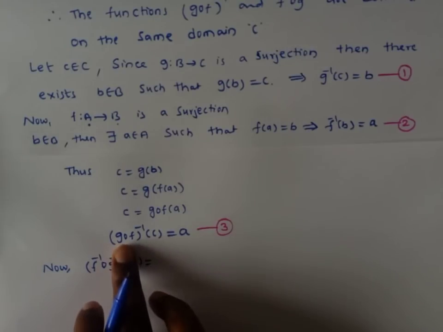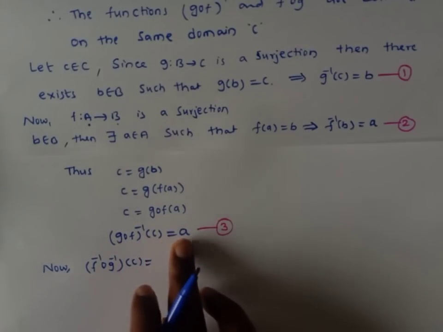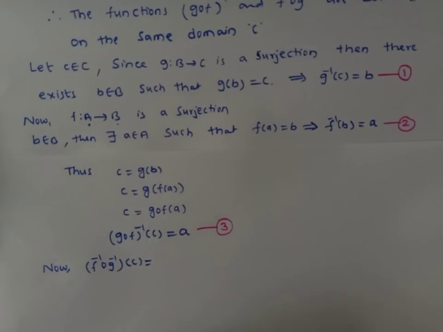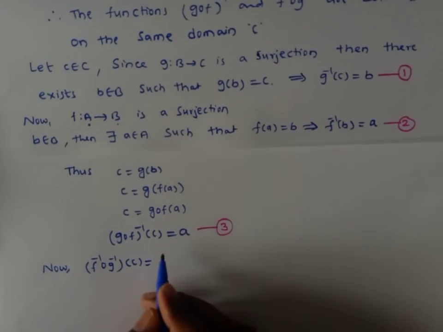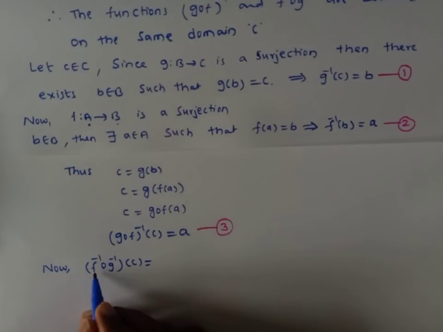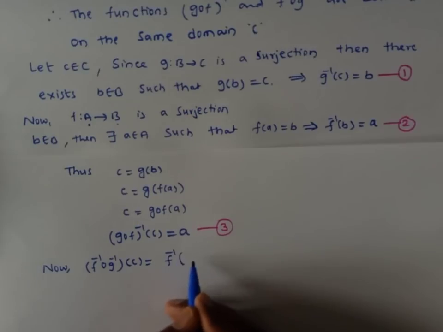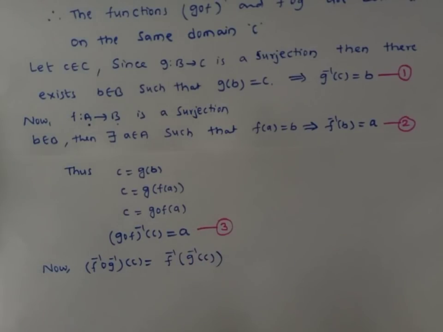So here I am applying (G circle F) whole inverse of C is A. Similarly you need to show (F inverse circle G inverse) of C equals A. So it is in the form of F compose G of C, right? Here we can write this as F inverse of G inverse of C. Clear? F compose G of C is nothing but F of G of C, right?